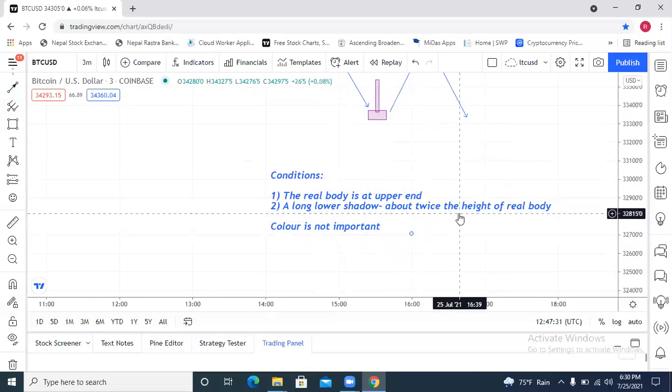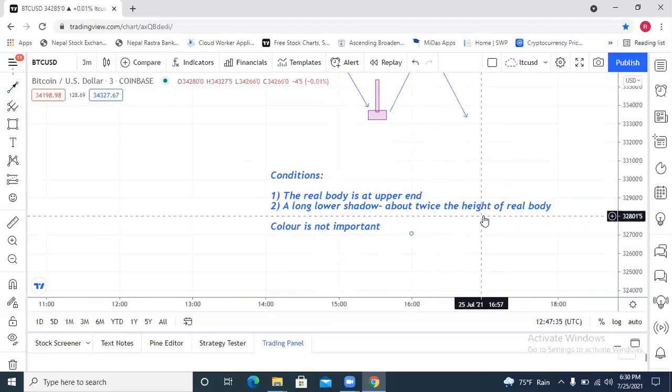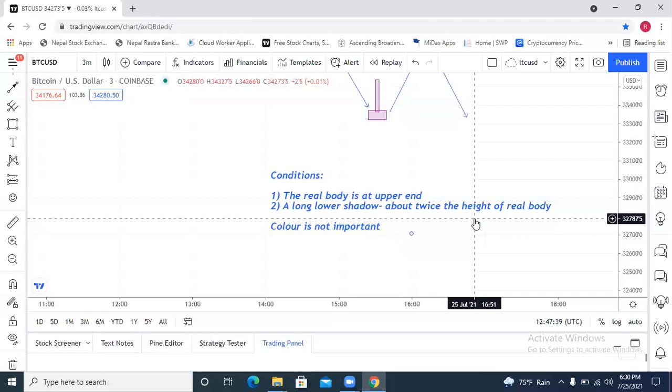If the shadow is twice the height of the real body, then it works beautifully. That is our condition. And the upper shadow or the lower shadow will be zero or very little.